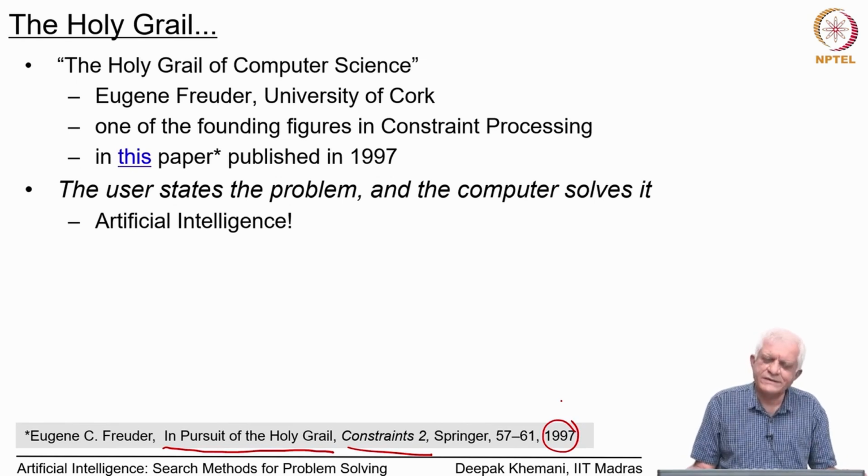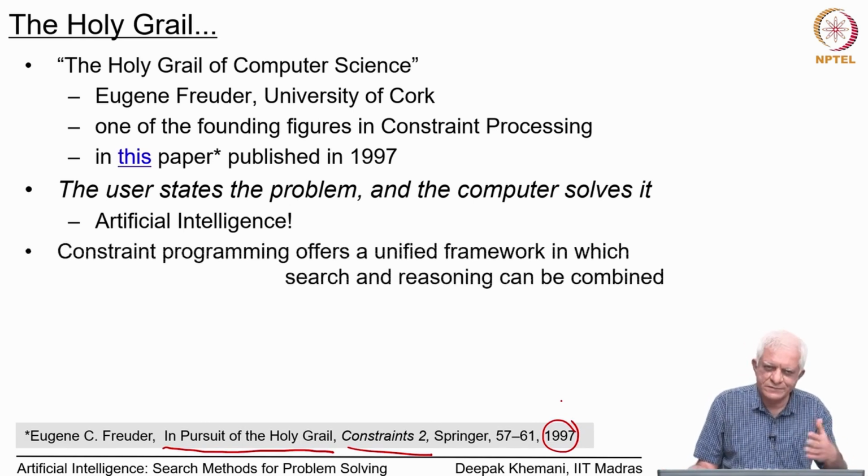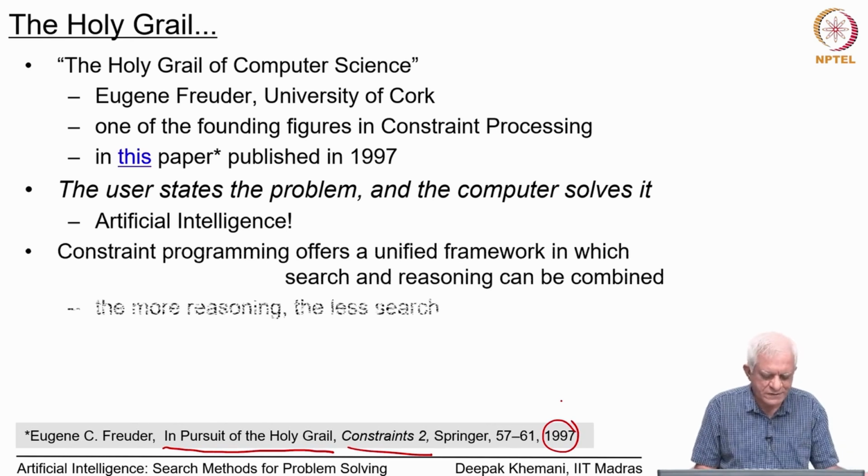And Freuder says that this is the holy grail of computer science, and they have been having conferences every 2 years, which is moving towards the holy grail and so on. So, just look up the holy grail of computer science and you will get some links to forthcoming conferences or even past conferences.